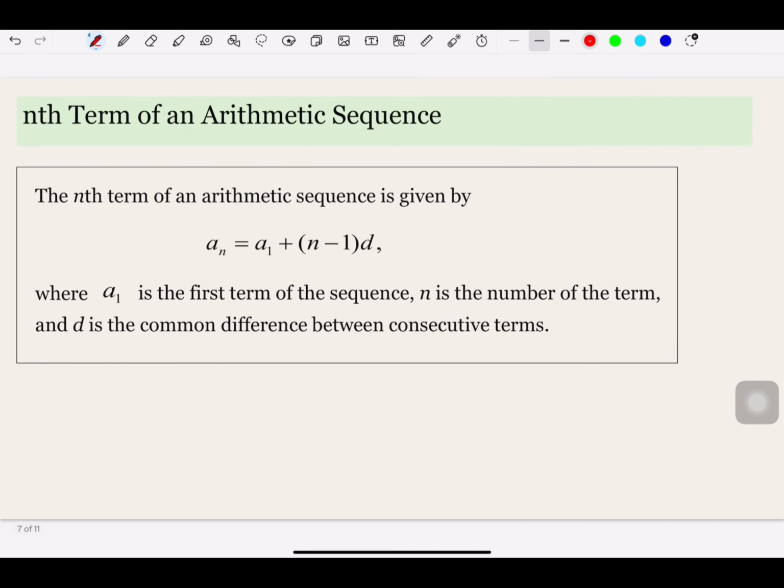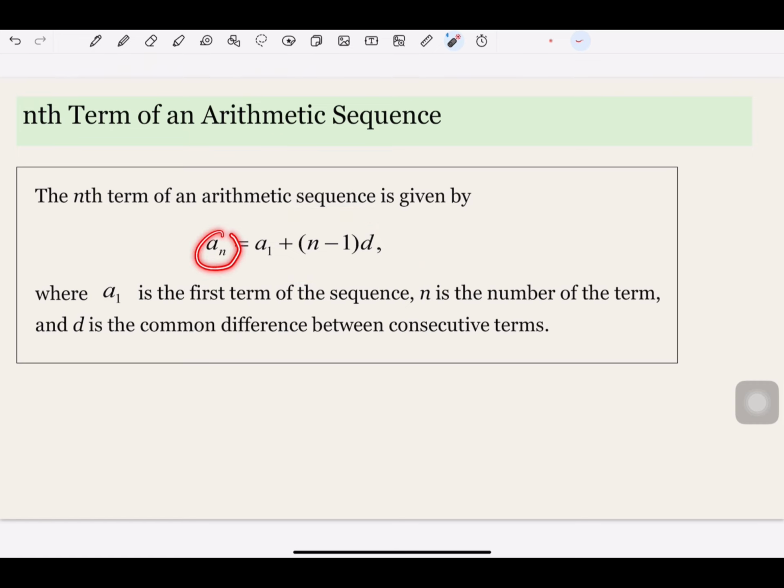Okay, so now let's talk about how to find the nth term of an arithmetic sequence. We can do this using the recursive formula, where each term depends on the one before it. But let's make it easier by using a formula so we can jump directly to any term we want. The formula to find the nth term of an arithmetic sequence is this one over here.